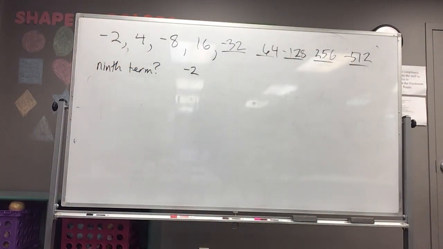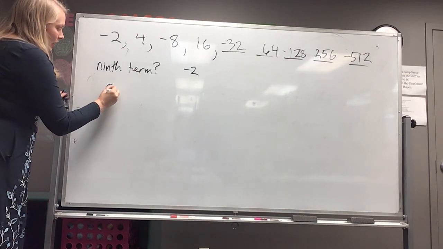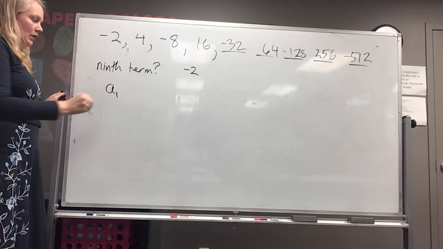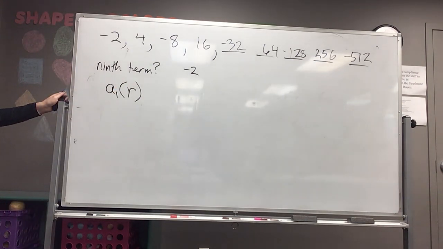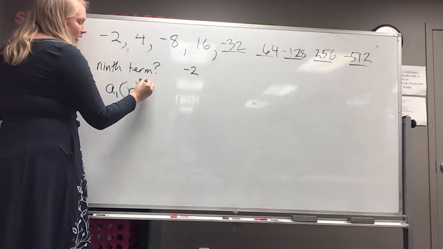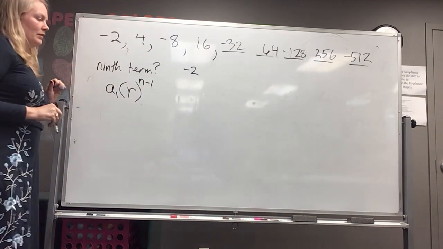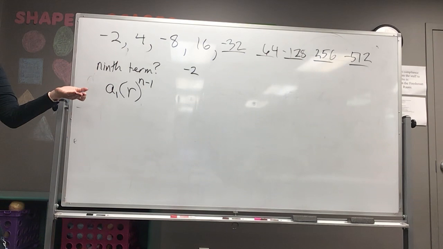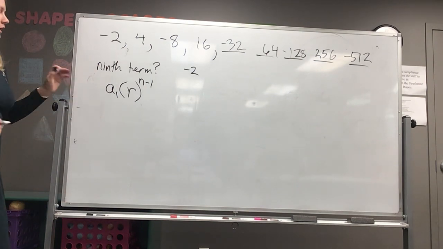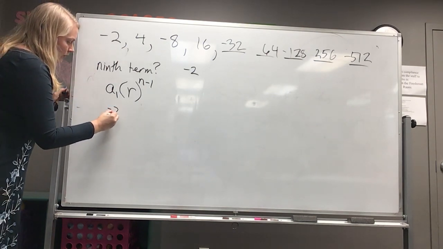The actual formula, you're taking a sub 1, you're taking your ratio, and then you are doing it to the power of n minus 1. Basically, you're multiplying it one fewer times than the thing you need. And so our a sub 1 was negative 2.